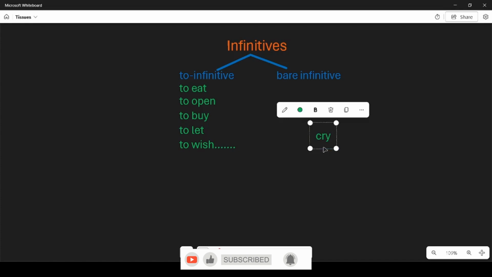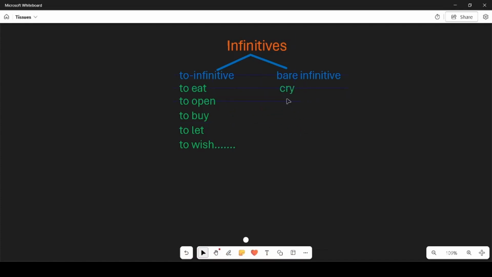It's a bare infinitive. We don't have the word to here. It's a bare infinitive in this sentence because, as we discussed, we have the baby over here, so a to infinitive cannot come after a noun. Mother heard the baby cry.